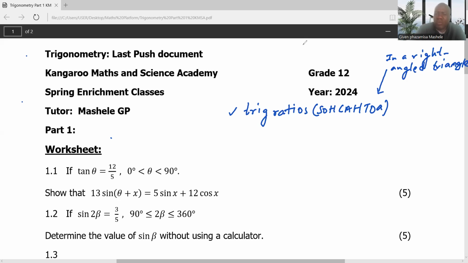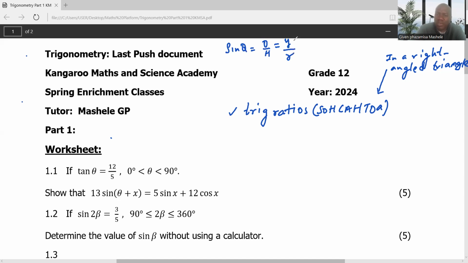You must also familiarize yourself with the other symbols or letters that we can use. For example, the sine of theta, in terms of SOHCAHTOA, is opposite over hypotenuse, but opposite can also be y and hypotenuse can be r.